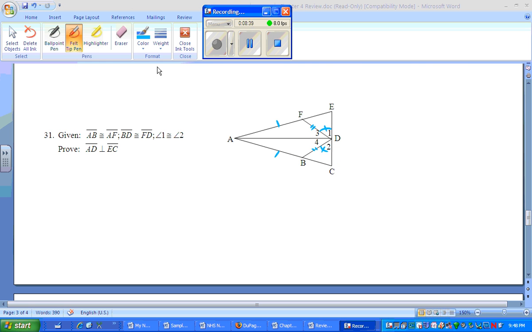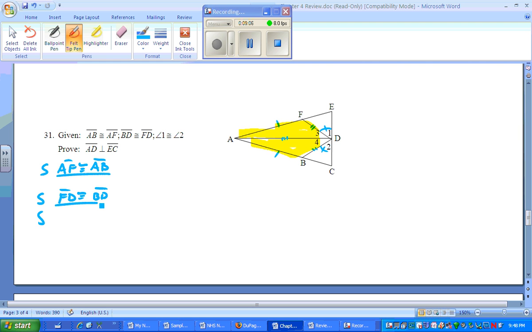Alright, we can prove that this triangle here is congruent to this triangle here by side, side, and the reflexive piece. So we got side, side, side. AF congruent to AB. FD being congruent to BD. And from the reflexive piece, AD being congruent to AD.